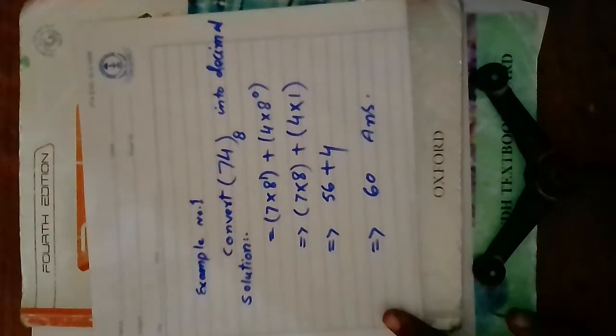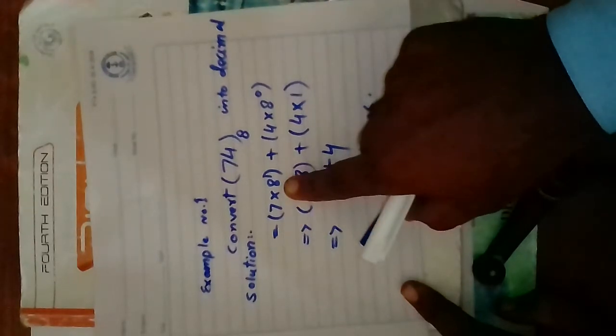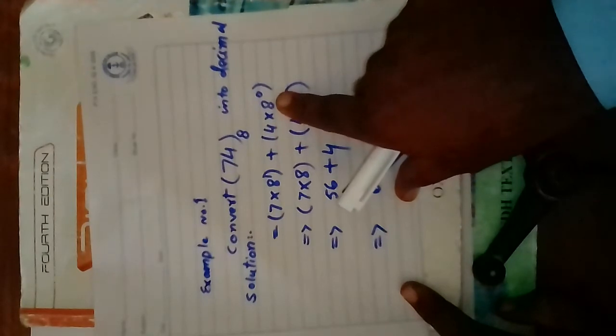Here is an example of converting 74 octal into the decimal number system. First of all, we will multiply each digit with 8. First we will multiply 7 with 8, and secondly we will multiply 4 with 8.